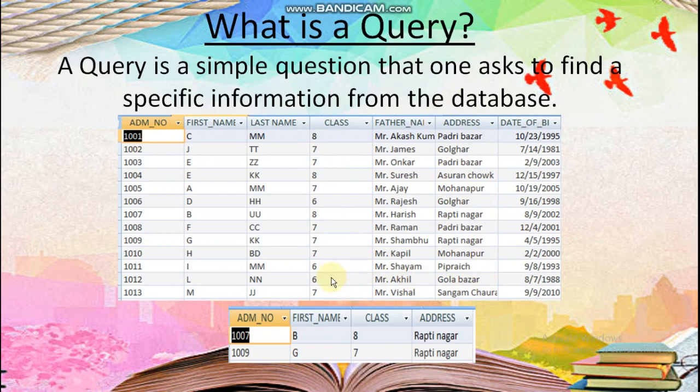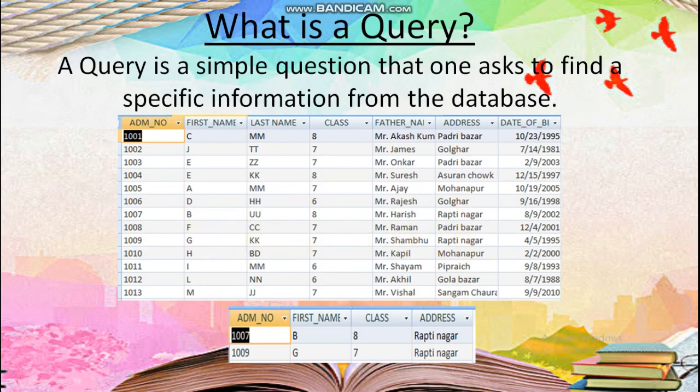Now the question arises in my mind: how many students are there in this database who belong to Rapti Nagar? So you can see there are two students who belong to Rapti Nagar. They are B and G.